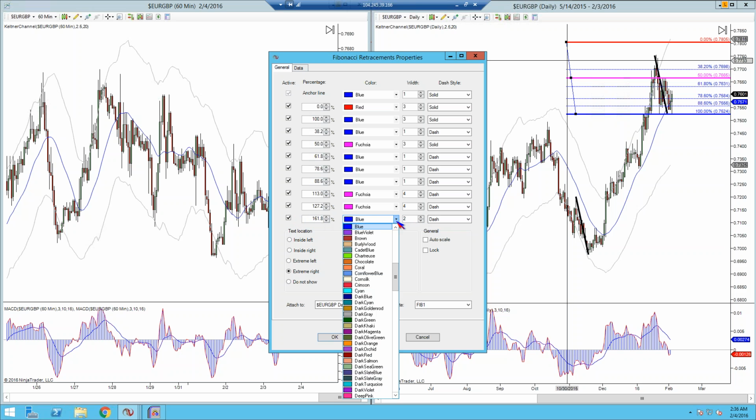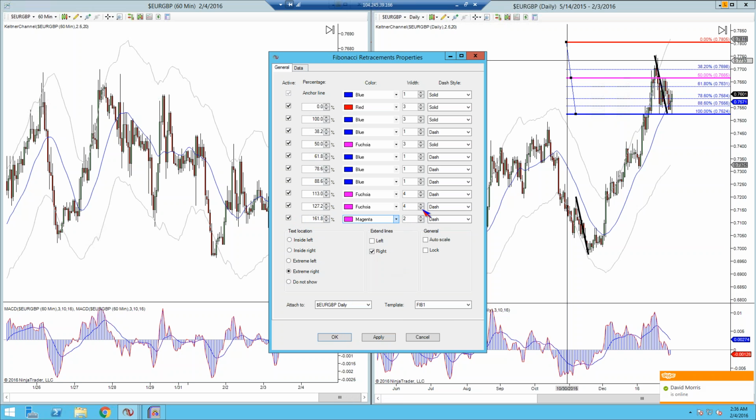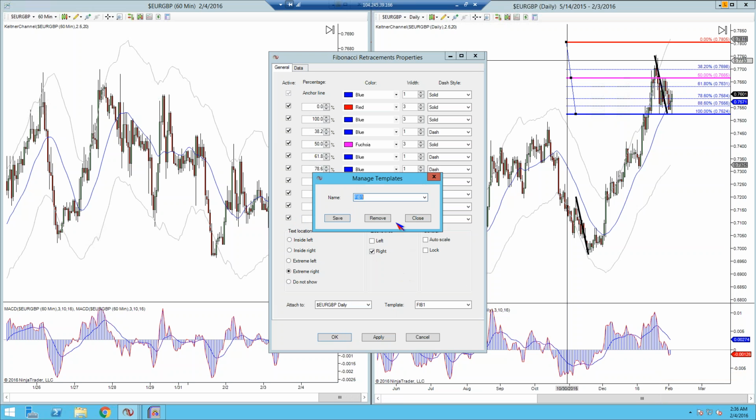Let me give you some extension down here. I will save that little template.